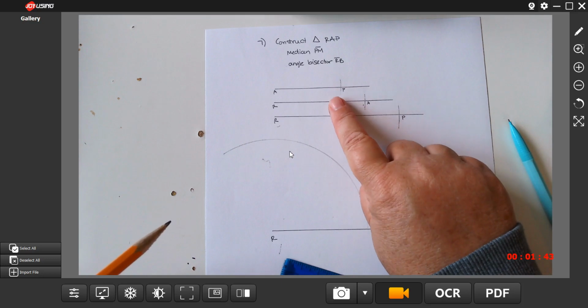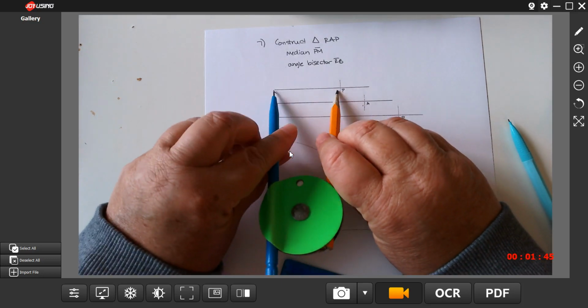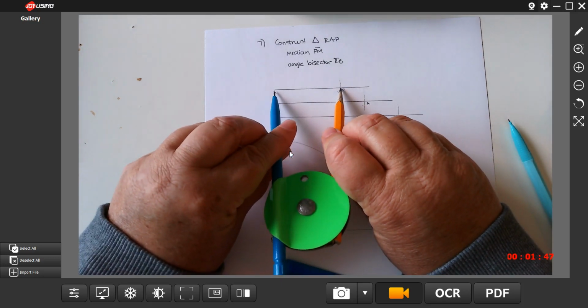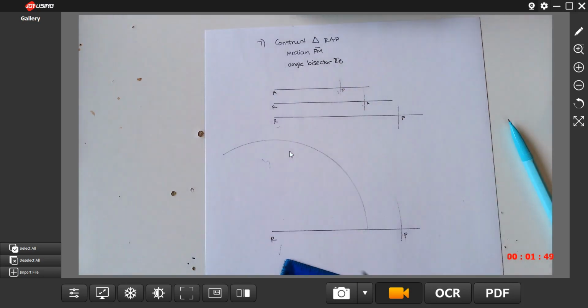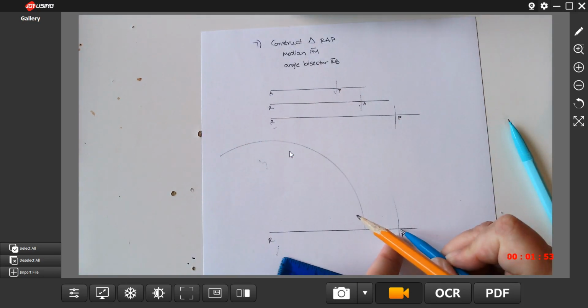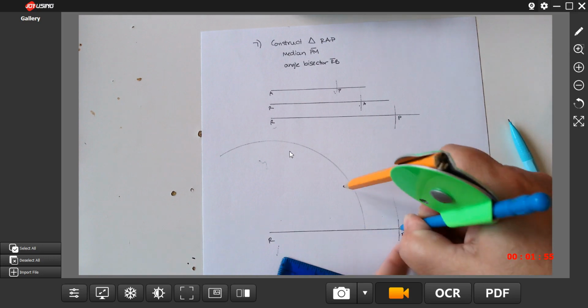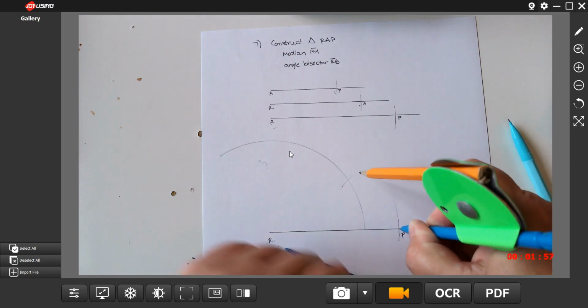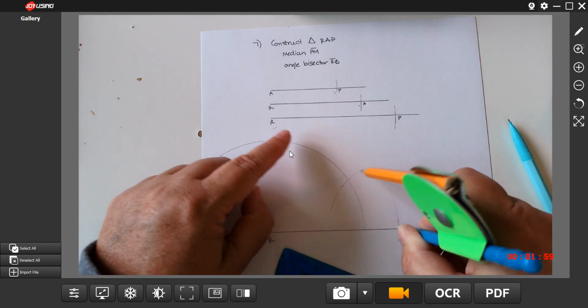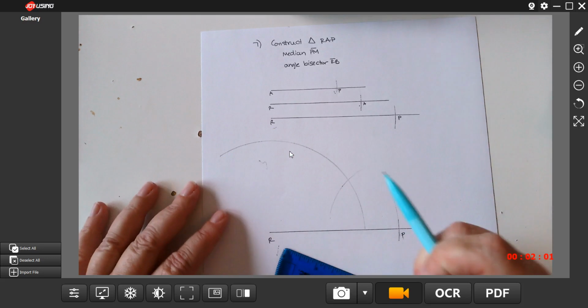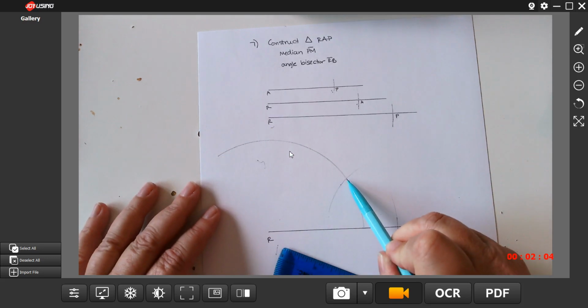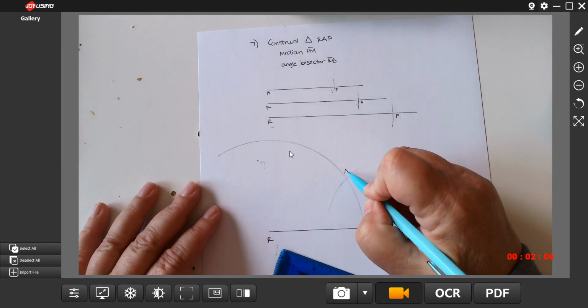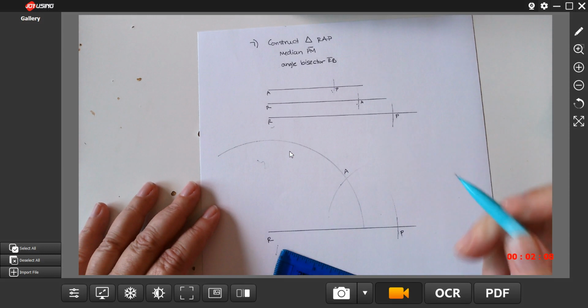Now I'm going to set my compass to go to PA. There we go. So again, here's P. So I need to put my point at P. I'm going to swing an arc. Again, that represents all the different places that A could be, but right here is the only place where A is exactly the same at the same time, so where RA and PA are the same.